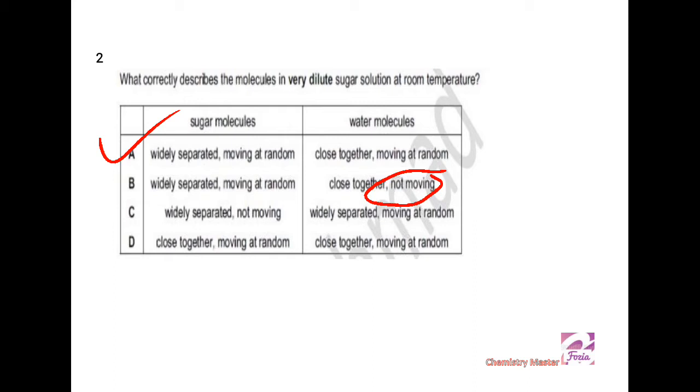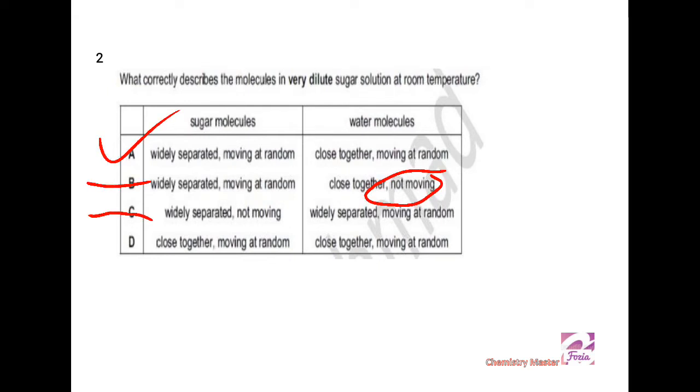So they can't be static or stationary. They must be moving if they are in their liquid phase. So B is omitted. For option C, they are widely separated, not moving. Again, it can't be possible.